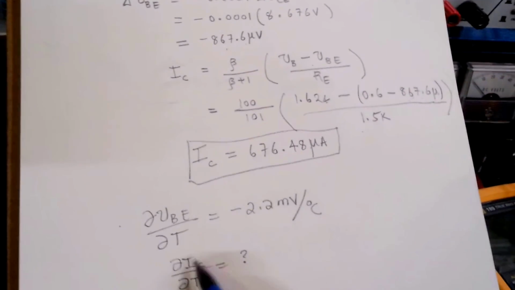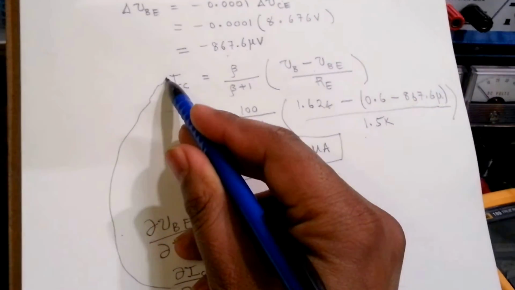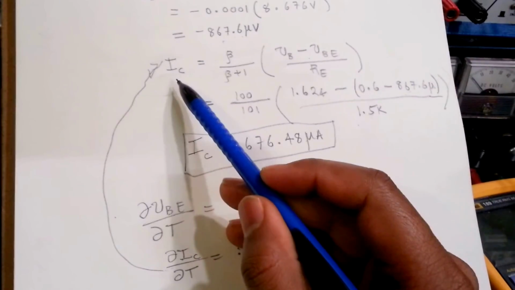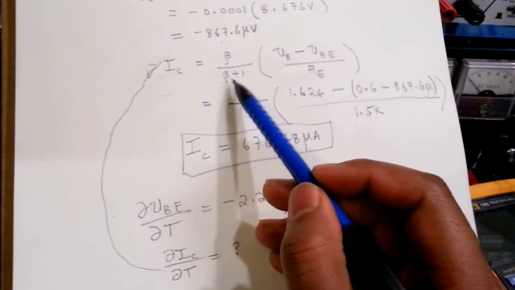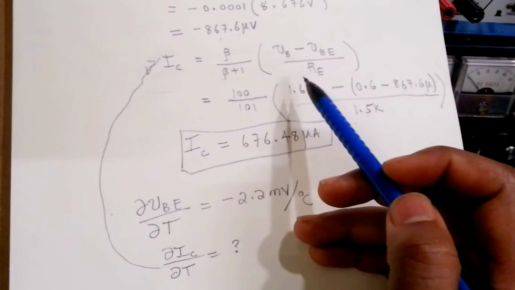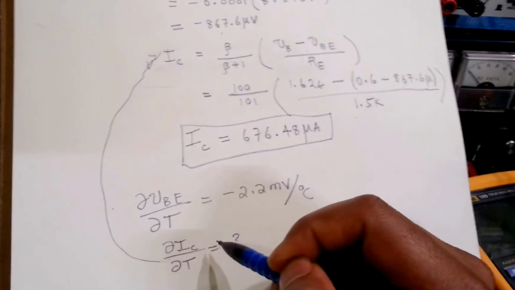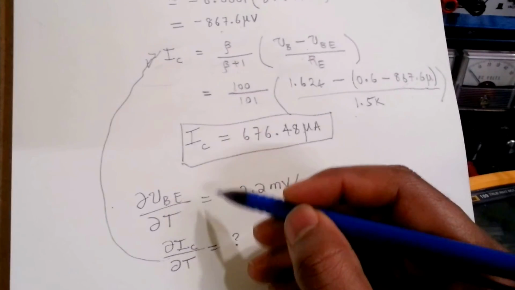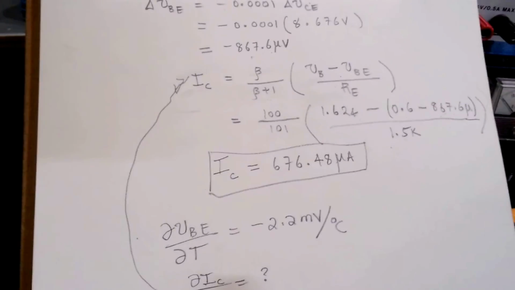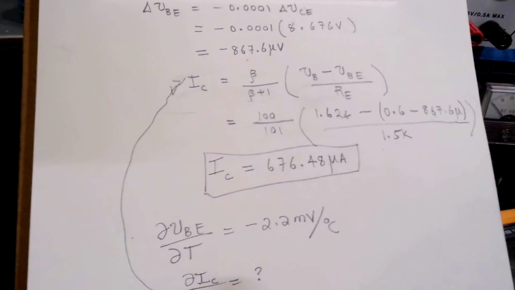All we have to do is basically go back to this equation and differentiate IC with respect to temperature, find the expression for that and plug in our values, and we'll get the temperature coefficient of the current, that's the load current in the circuit. So this should be very easy. So we'll go ahead and solve that part.